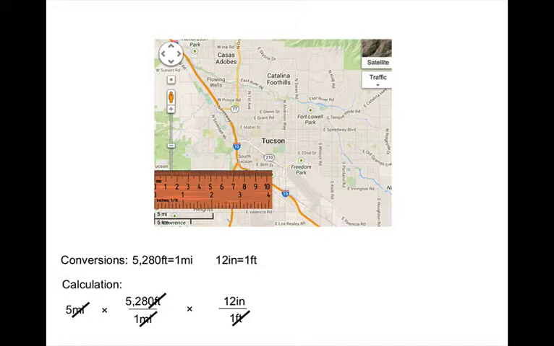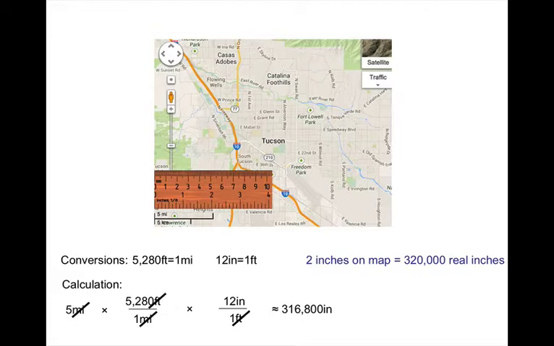Now I just multiply all of these numbers together and they give me 316,800 inches. 5 miles is the same as 316,800 inches. Let's round this to 320,000 to make it a little nicer and compare it to the 2 inches that it takes up on our map.